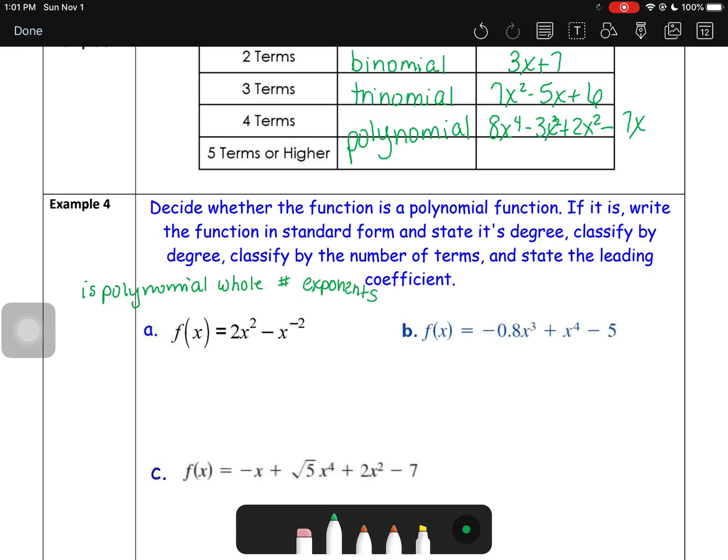It is not a polynomial if it has variable exponents, fraction exponents, or negative exponents. So this would not be a polynomial because it has a negative exponent.